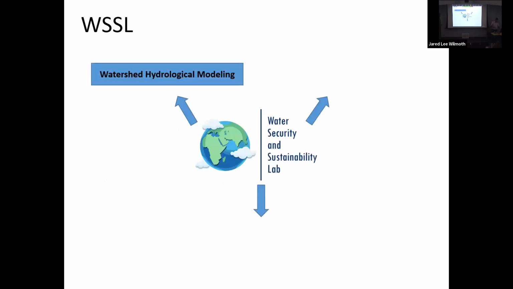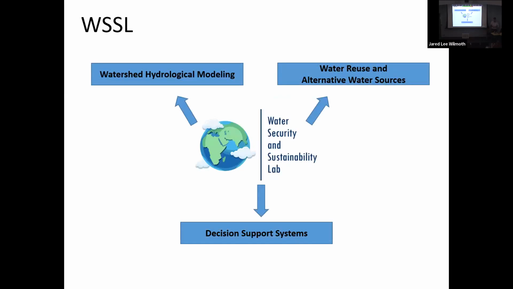In our lab, we are focusing on three main research areas. We are working on watershed hydrologic modeling. We are trying to improve the available hydrological models, and we're also exploring water reuse and alternative water sources.